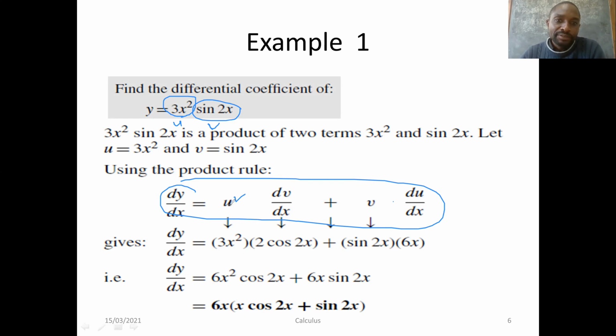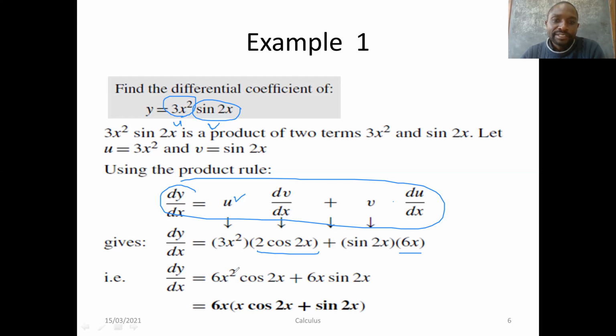And so for this example of y equals 3x squared sine 2x, our u is 3x squared. When we differentiate the second function, which is our v in this case, sine 2x, we get 2 cos 2x, plus get the second function the way it is, which is our v, sine 2x, times the derivative of the first, which is 3x squared, and it will give us 6x.